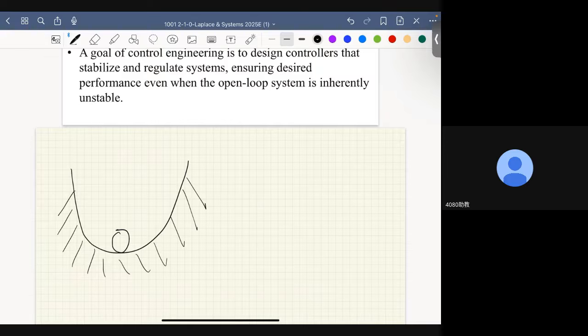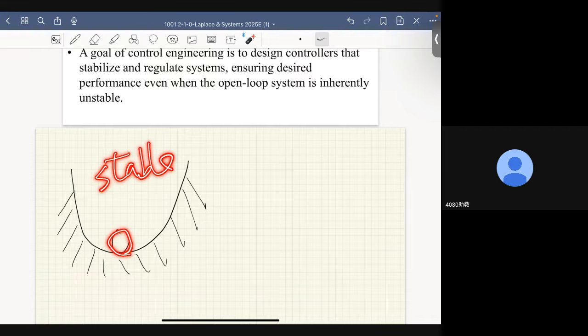If you move the ball around, let's say you disturb it by a very small force, and it goes to here, and then you don't do anything about it, then the ball will oscillate up and down, left and right for a while, and eventually it will come back to its so-called equilibrium position. And this is what we call a stable condition. Okay, the system here is asymptotically stable.